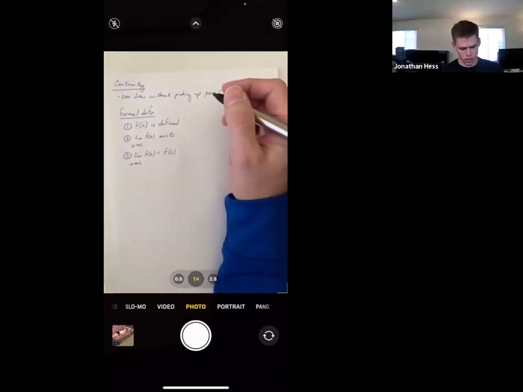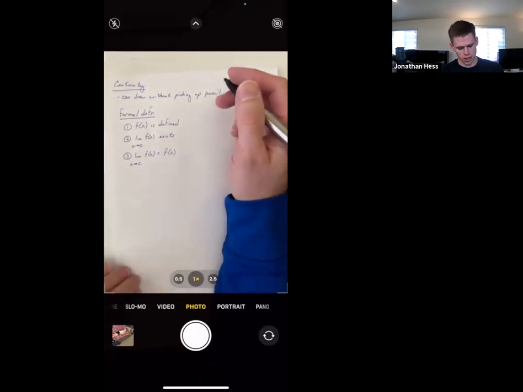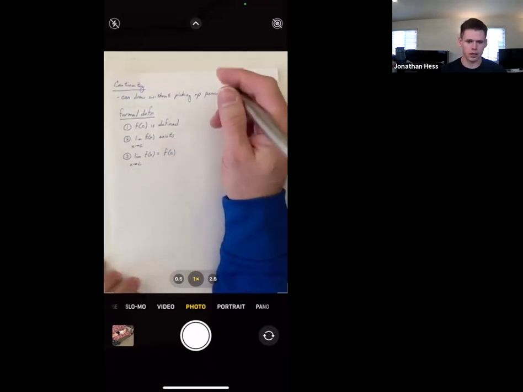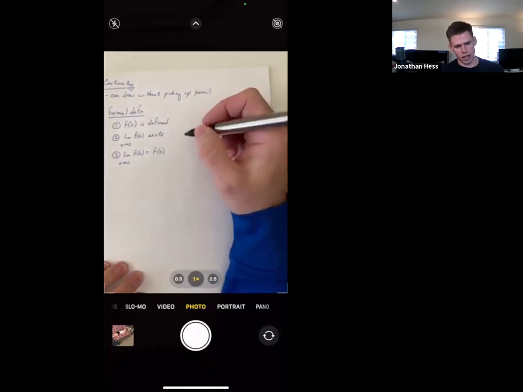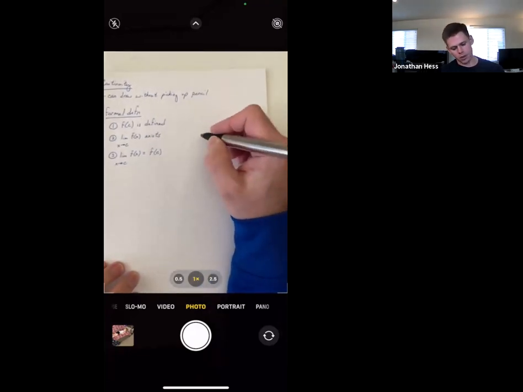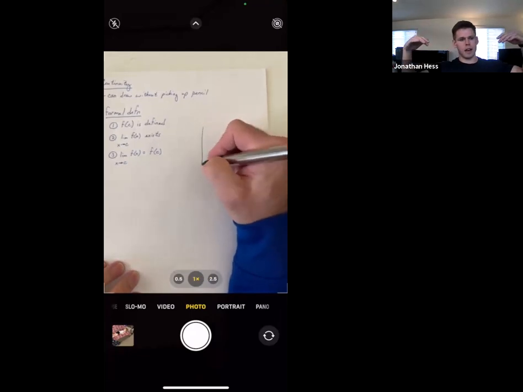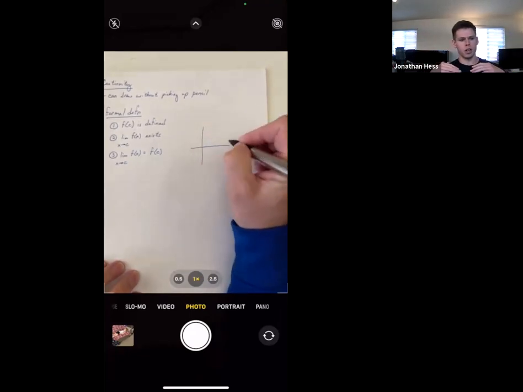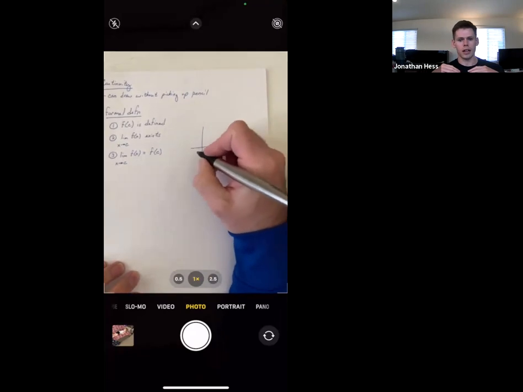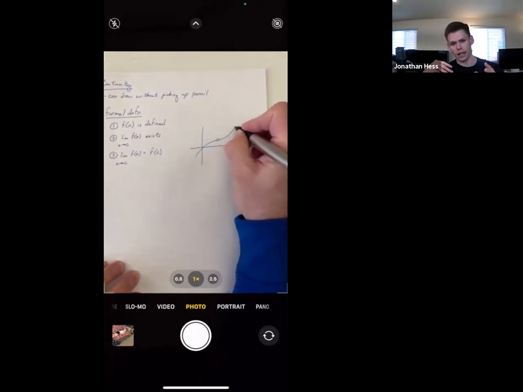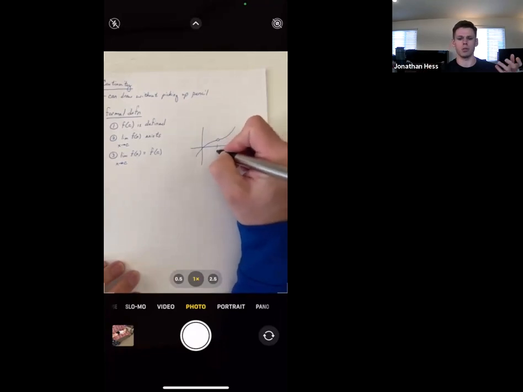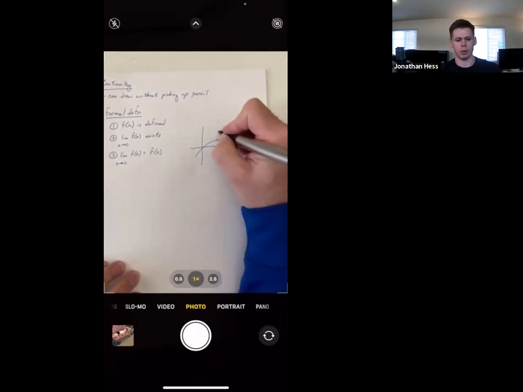So if f of c equaled something else other than the limit as x approaches c, that might look like, on a graph, where the limit comes towards one value, and then there's a hole, and f of c, the y value at that x, is actually something else, which means you can't draw the function without picking up your pencil.